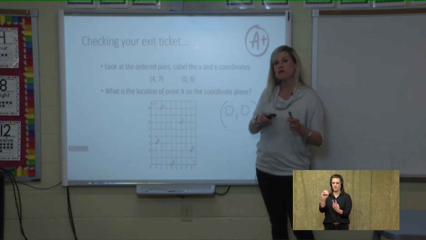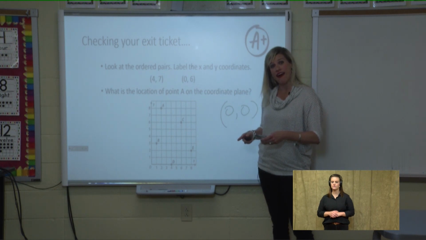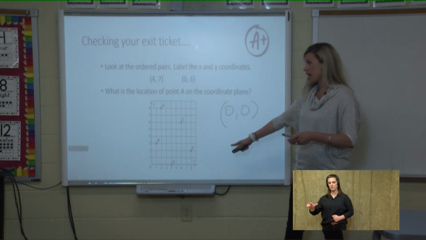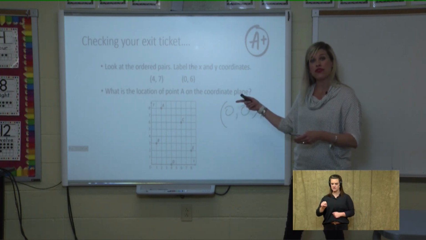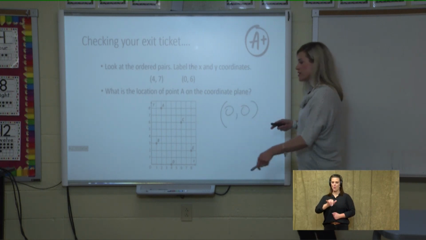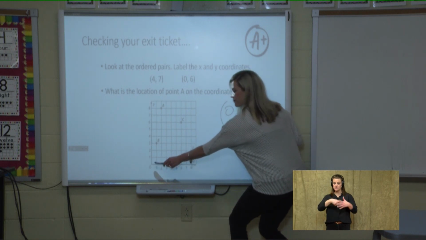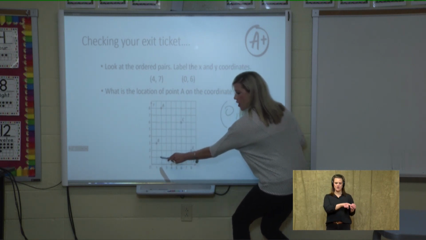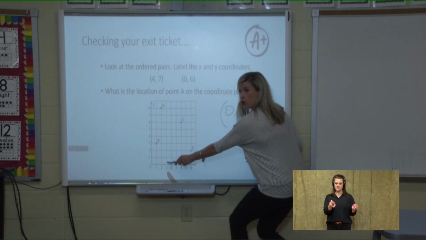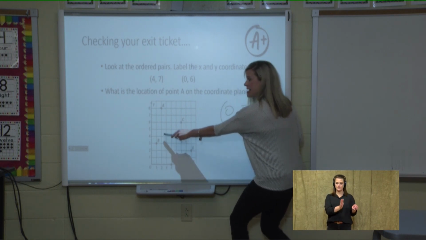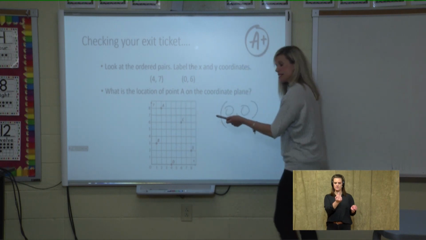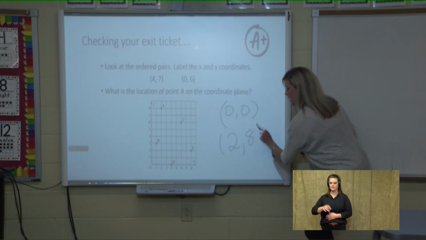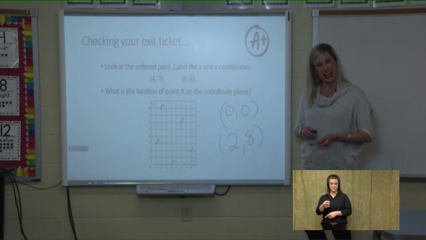And then we move across the x horizontally first, the x-axis, and then we move up the y-axis. So if we start here at the origin, and we find point A is here, we know we're going to go over on the x 2 places, and up 8. So our ordered pair will be (2, 8). Is that what you got for your exit ticket?